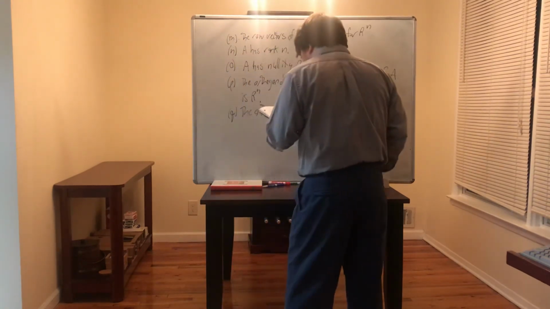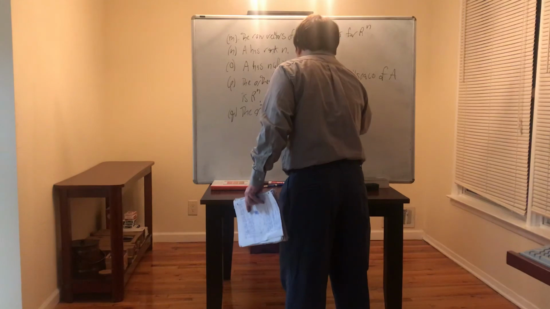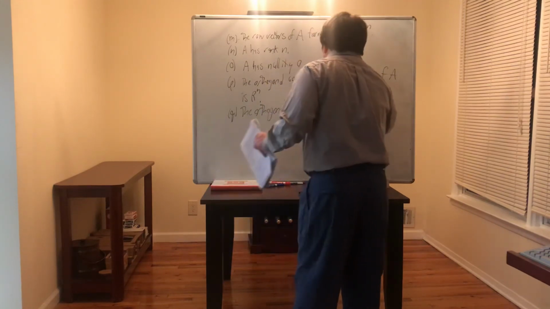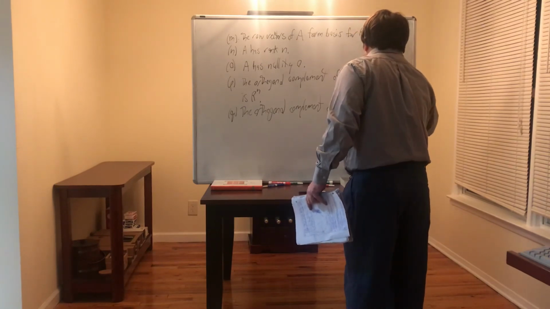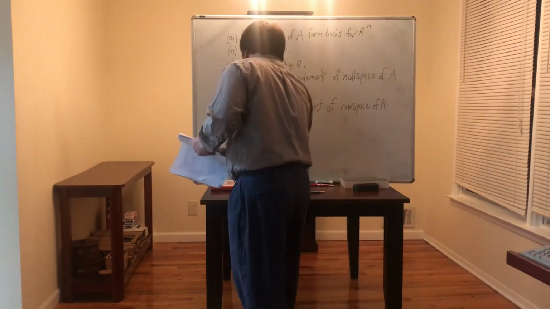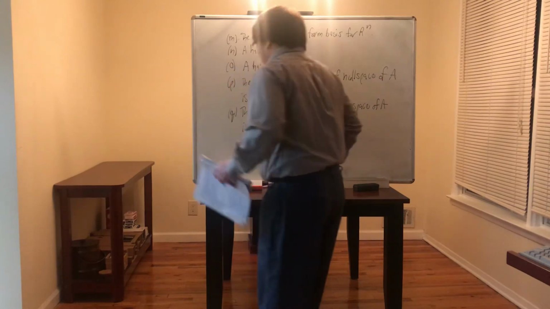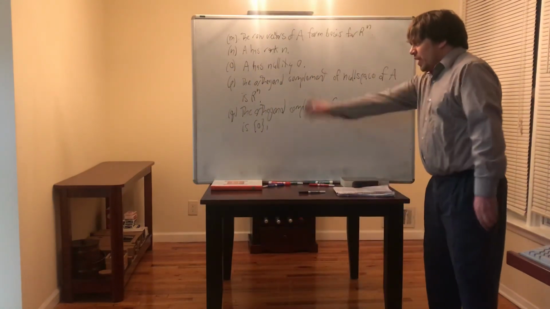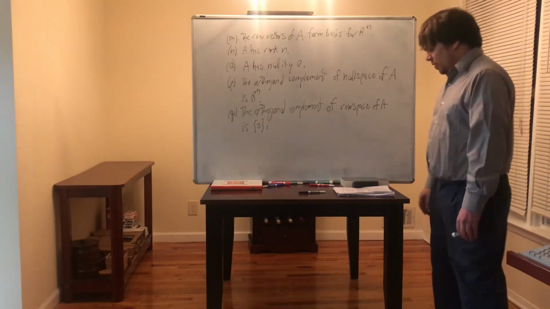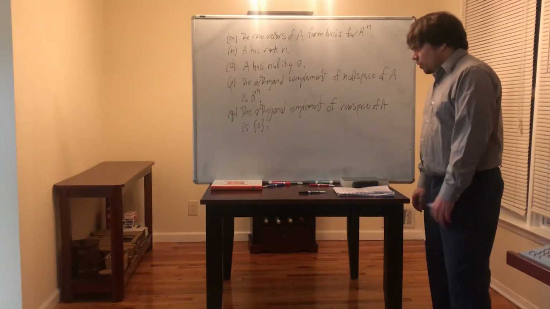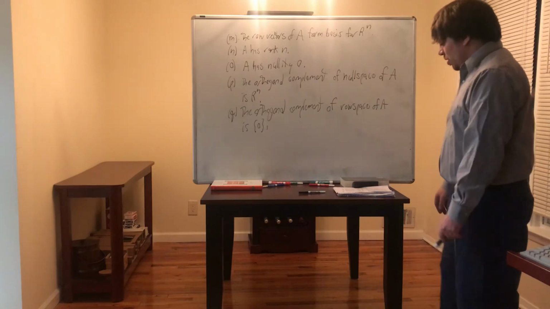So Q is the orthogonal complement of the row space of A is the 0 set. Okay, so all of these statements A through Q are equivalent.